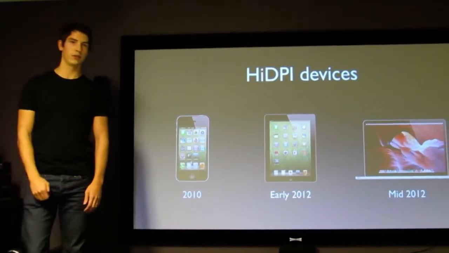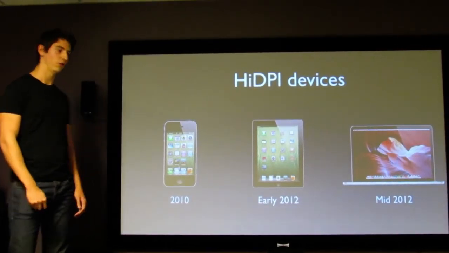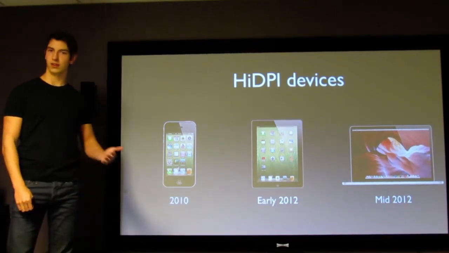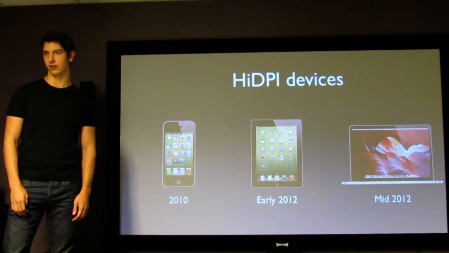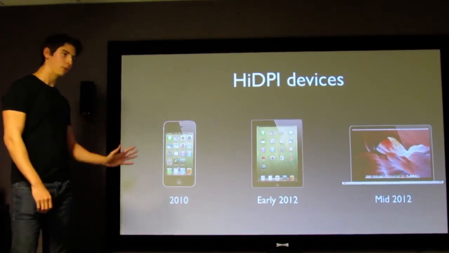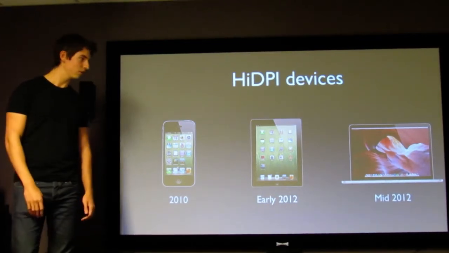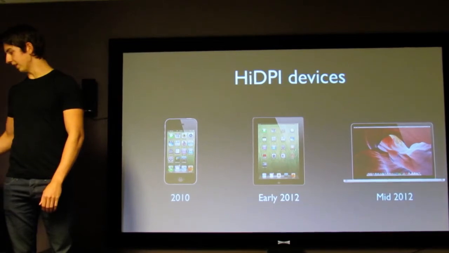So HiDPI devices, or as Apple likes to call them, Retina devices, have been introduced in the last 2 years with, for example, the iPhone, the iPad Retina earlier this year, and the Retina MacBook earlier this year. And of course, these are just examples, because the Android community has had the same sort of devices, except for laptops so far, where the Mac is the only one.